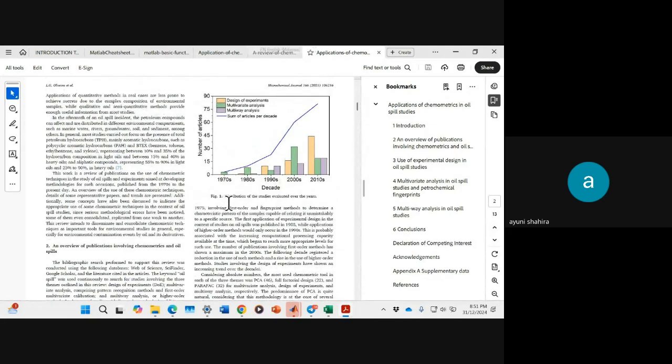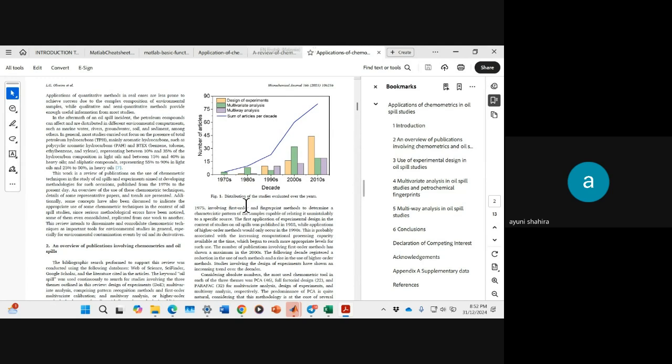As you can see from this figure, there are three types: DOE, multivariate analysis, and others. From this table, we can see that from 1990, the use of multivariate analysis has been getting higher as computational power increased.